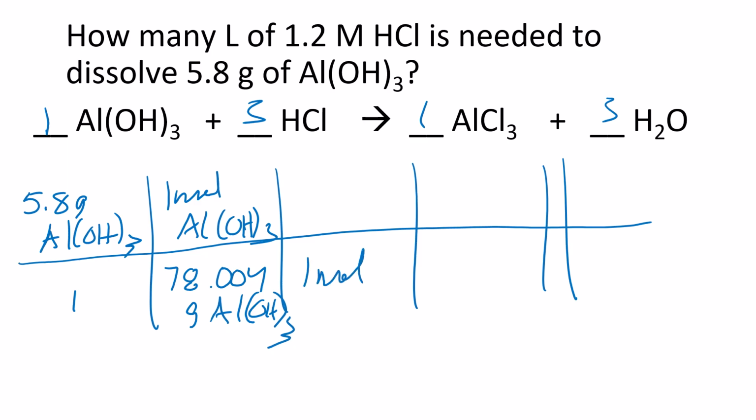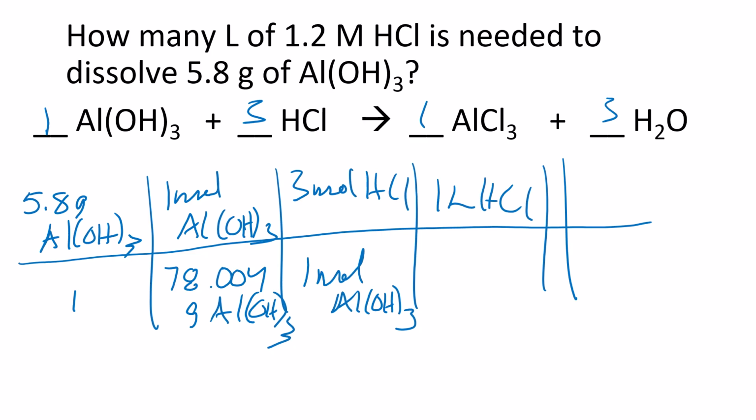1 mole of aluminum hydroxide on the bottom of my mole ratio is the same as 3 moles of HCl according to this. Let's see, 1 liter of HCl on the top. On the bottom is going to be my 1.2 moles of HCl. 5.8 times 3, 17.4, 78.004 times 1.2 on the bottom.